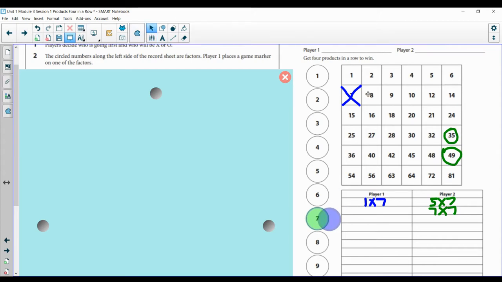So what would be a good one for 7? Maybe they move the green one here. 7 times 4 is 28. So again, the blue is going to write 7 times 4 here. This keeps going back and forth until somebody gets 4 in a row. Once you get the 4 in a row, you win.